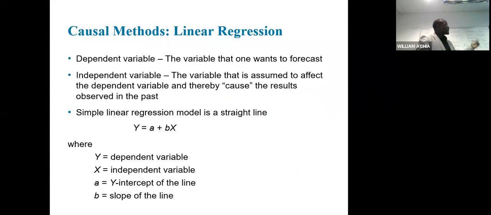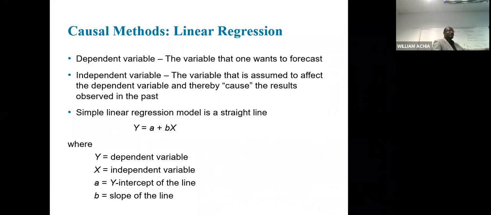Okay. So let's start with the causal methods of linear regression. Sorry, not linear programming. Has anybody here not done any regression? High school, first year, second year, third year, done some regression.